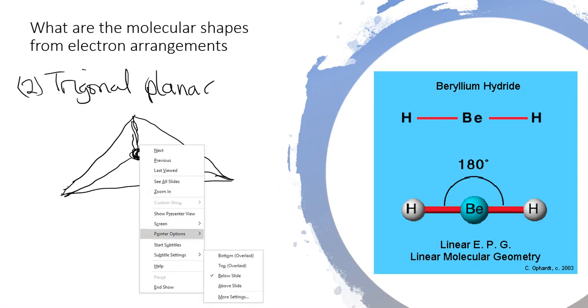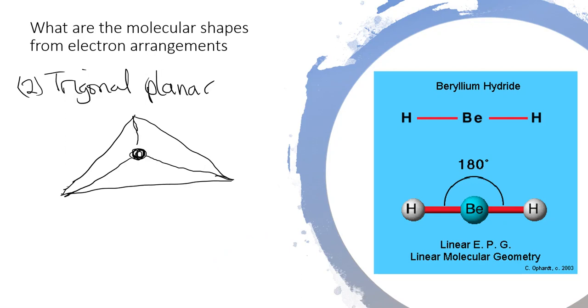My drawing is not looking good. So you have a central atom, like B, then you have Cl here, another Cl here, another Cl here. So that is trigonal planar.